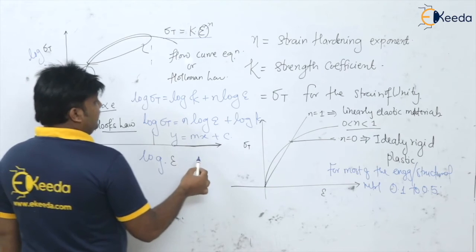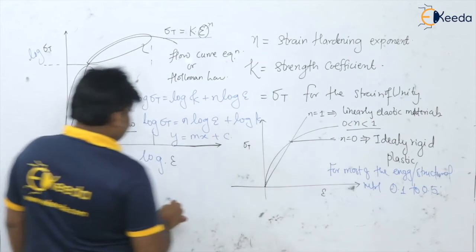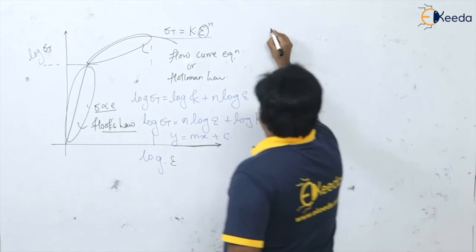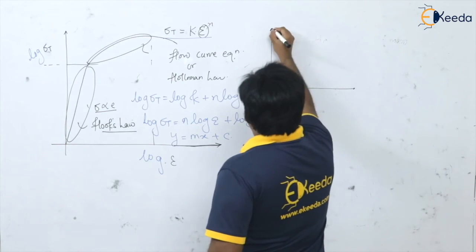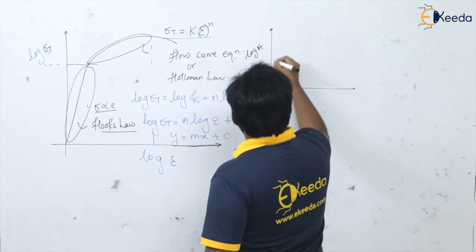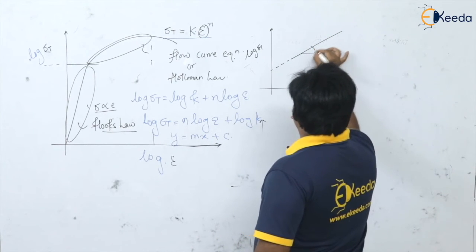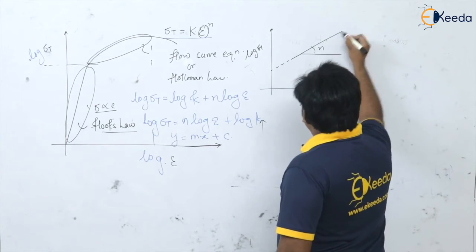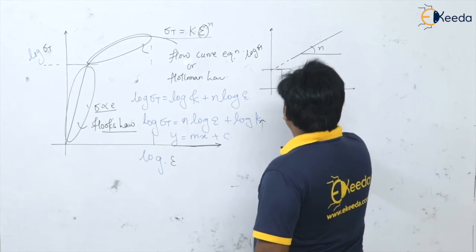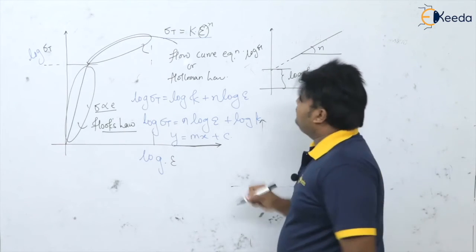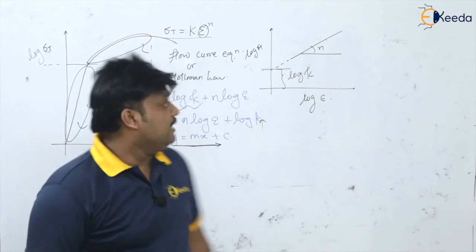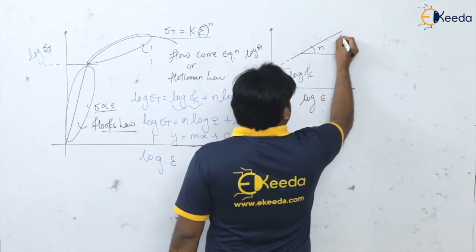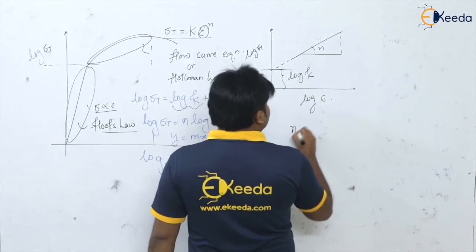The graph will look like this. This is not the log curve; on log paper you will get a line like this, log of sigma t, and this is our slope n, this is the log of epsilon. And this intercept of the line on the y-axis is nothing but our value of log k.